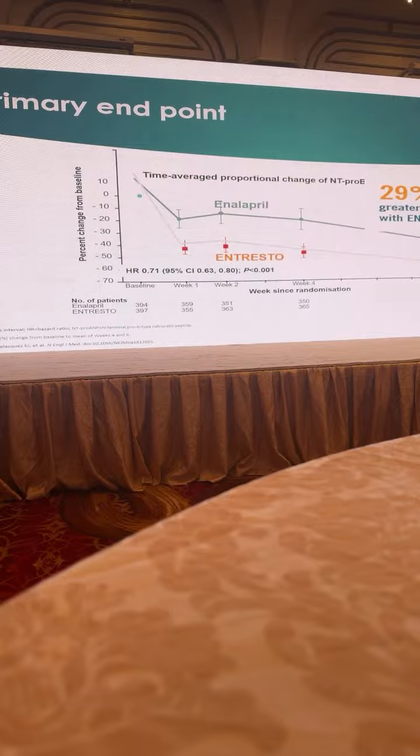The net result is very perfect. I think Dr. Hisham Khalil mentioned the relation between biochemical leak and morbidity and mortality. The difference between the ACE inhibitor enalapril and Entresto: 29% greater improvement with Entresto in decreasing the biomarker, which is NT-proBNP.